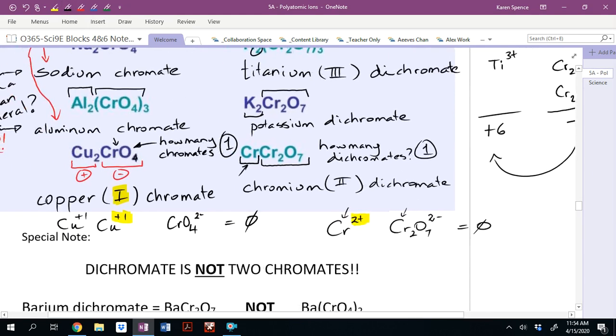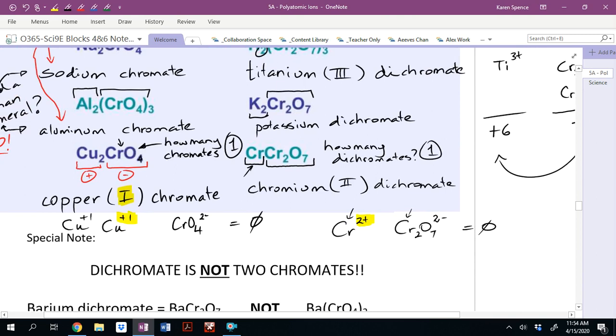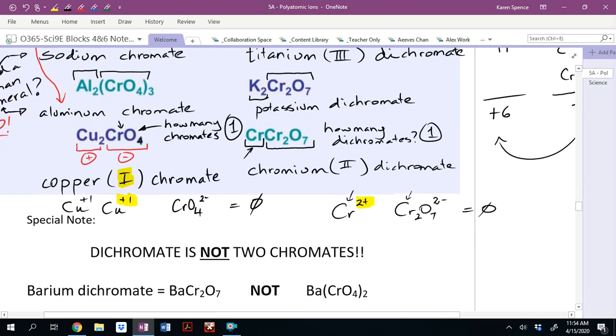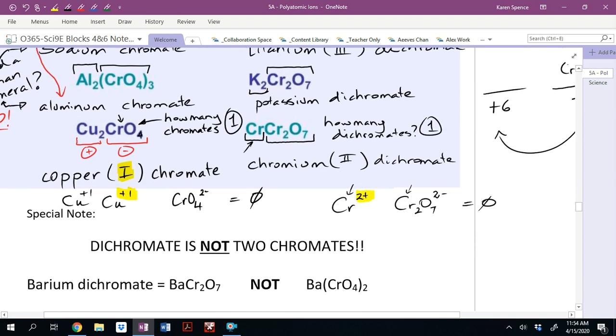All right. Special note. Oh my goodness, I told you I'd tell you a lot. Dichromate is not 2 chromates. Oh, that's supposed to be a highlighter. Dichromate is not 2 chromates. Don't forget, okay? Not 2 chromates.